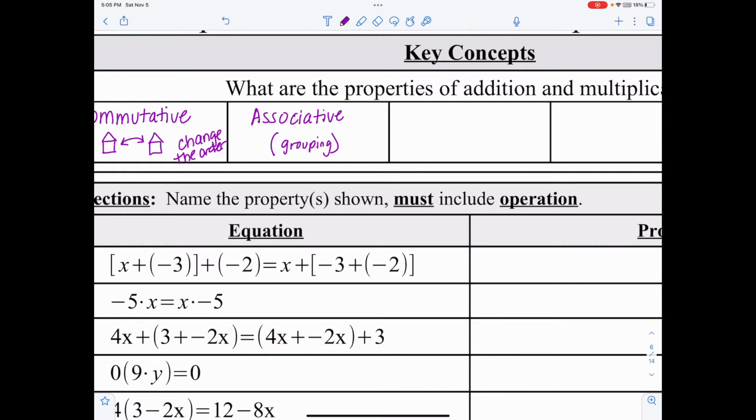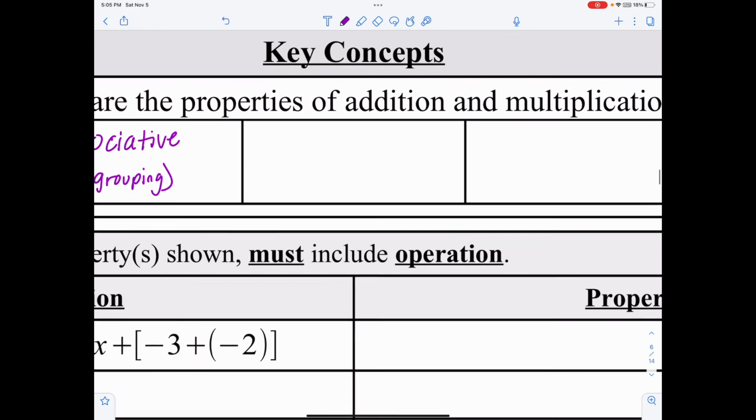Any grouping will still equal the same thing. The next is distributive. And this says that you can take the factor on the outside and you can distribute it to the inside. So this is the same as 2x plus 6.